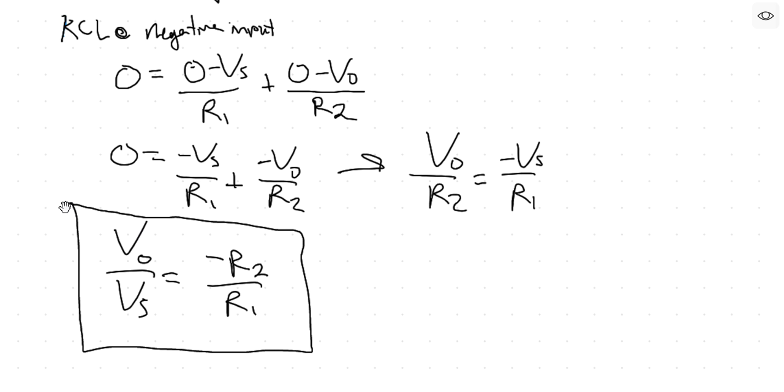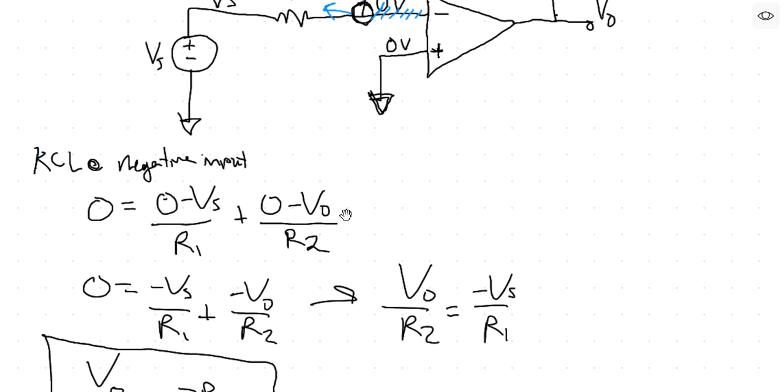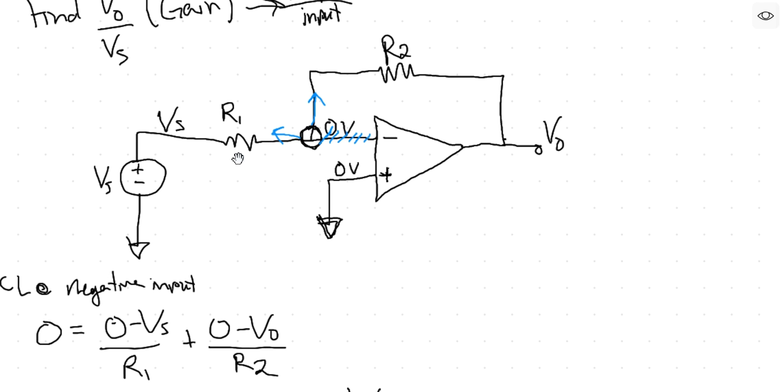This gain equation for an inverting op-amp with negative feedback should look familiar to you. A lot of people will memorize it, and that's okay, but I recommend you do this practice just in case you forget.